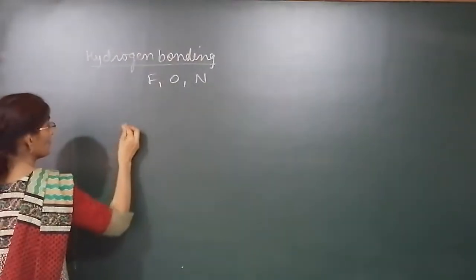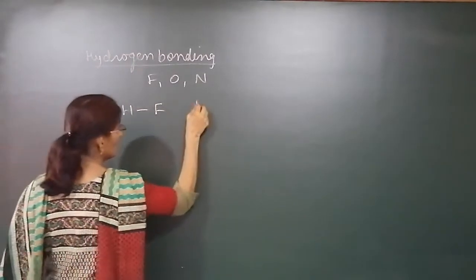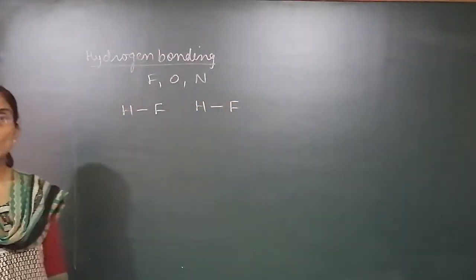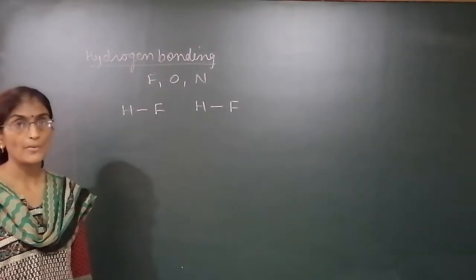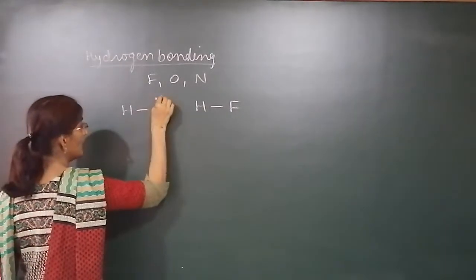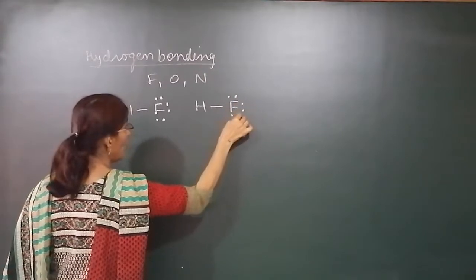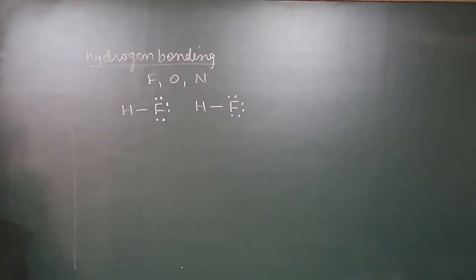Example, between two HF molecules, there is intermolecular hydrogen bonding. How is it so? We know that fluorine has 3 electron pairs as lone pairs, and fluorine is more electronegative.